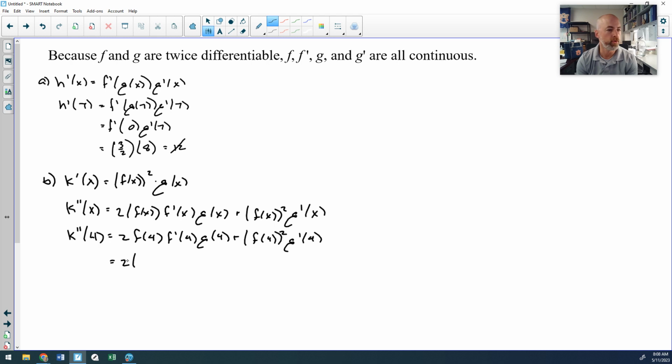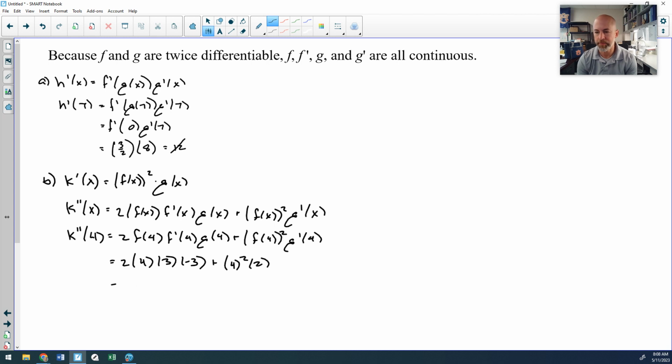So f of 4 is 4, f prime of 4 is 3, g of 4 is negative 3. Plus f of 4 squared is going to be something positive, but just how positive? f of 4 is 4, so that'll be 4 squared. I believe that's 16 today. I'm not sure though. g prime of 4 is 2.